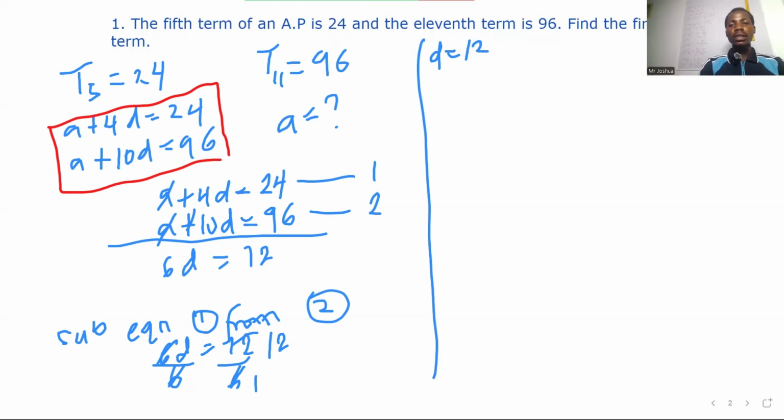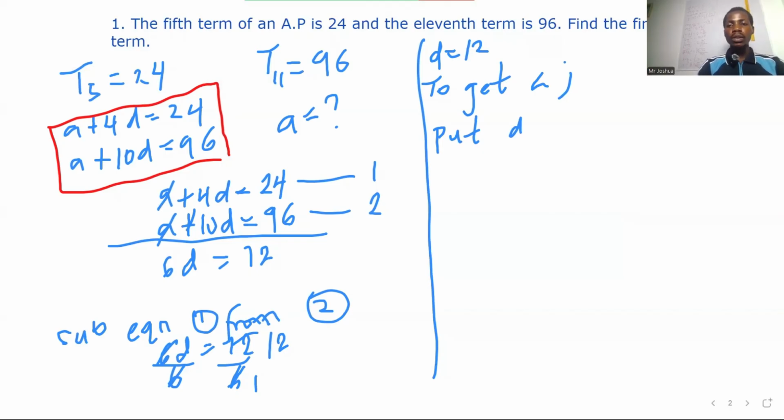So how do we get a? You see, to get a, put d into any of the equations, but you can go with the simplest equation. The simplest equation, the equation with the smaller number here, is equation 1.